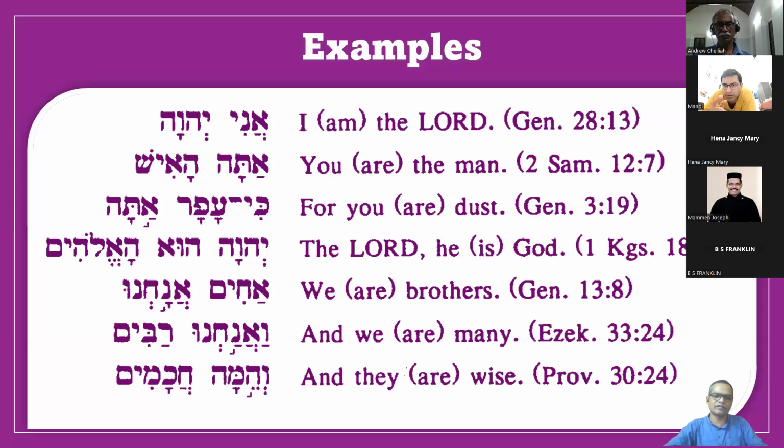Can you say like in the ha-ish, there is you, but it doesn't seem so. Where? In ha-ish, it is just the man. In the second one. Yeah. So ha-ish, it is just the man. Yeah. But there is a you in it. No, there is no you in it. So there may be other instances, right?